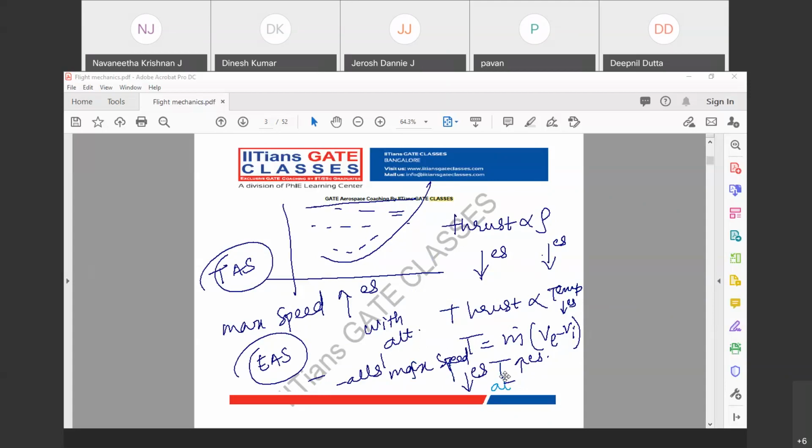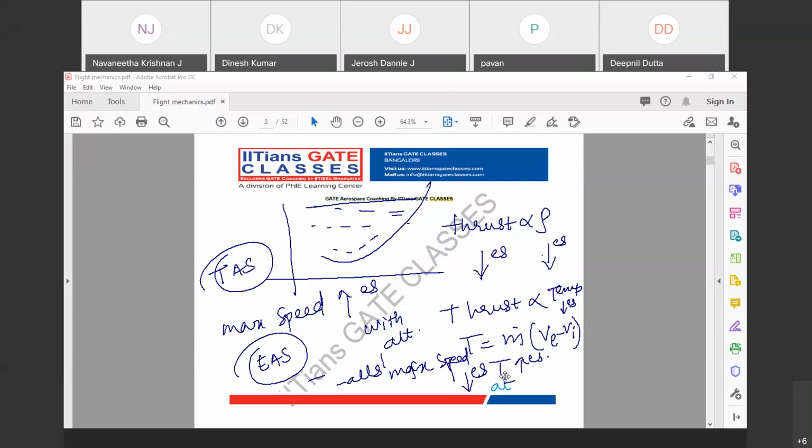Beyond the tropopause, what happens? There is no compensation of thrust due to decrease in temperature, because beyond the tropopause it is in the stratosphere where temperature remains constant. Thereby, there is no assistance or increase in thrust due to decrease in temperature. Thereby, thrust falls more rapidly, and my maximum speed decreases beyond the tropopause.